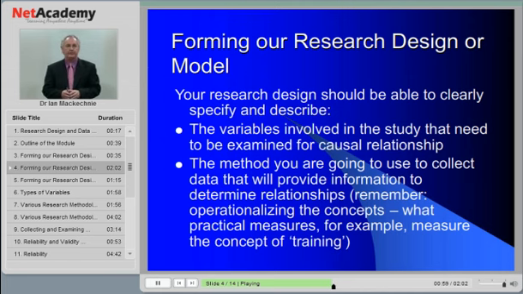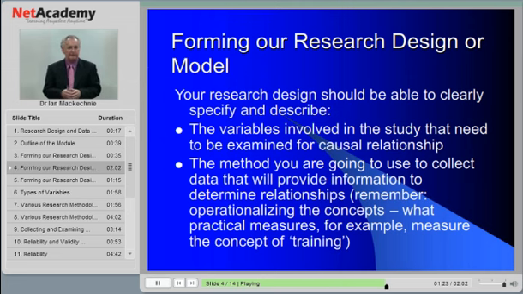They are two variables, training and handling of customer complaints. Our research design will also describe the method we're going to use to collect the data that is going to provide us with the information to determine whether there is a relationship between these variables.